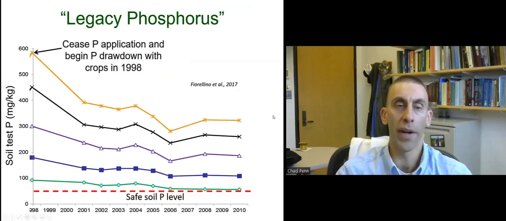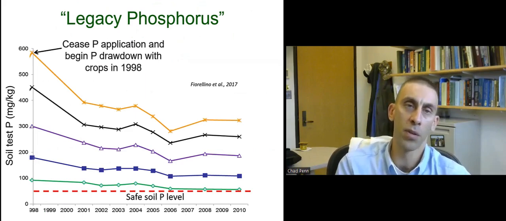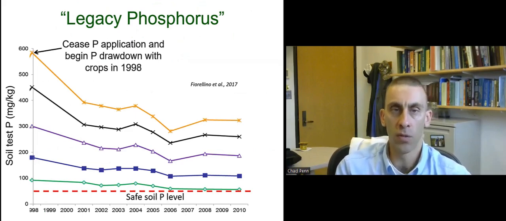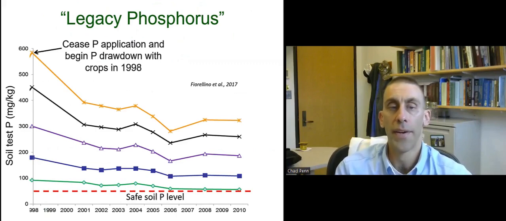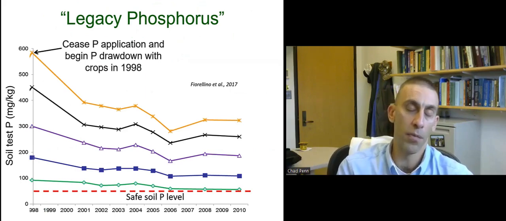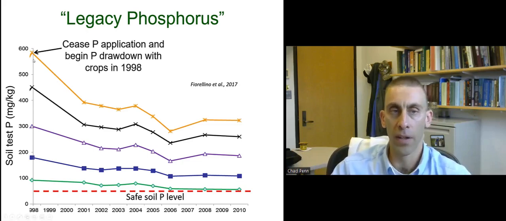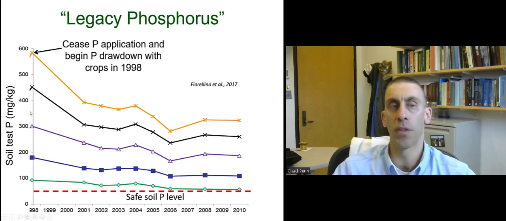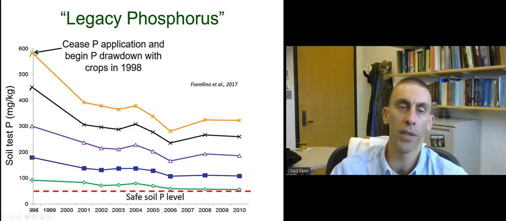Another reason why the structures focus on dissolved P, particularly from high P soils, is because your high P soils, which are often called legacy phosphorus soils, tend to stay elevated in phosphorus for many years, even after you cease applying phosphorus fertilizer to them. For example, this is some data from the Eastern Shore of Maryland, where they built up their soil test P level up to different levels, all the way up to nearly 600 milligrams per kilogram of Mehlich-3.